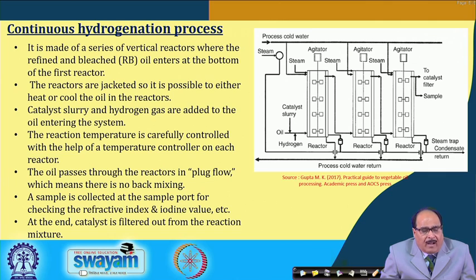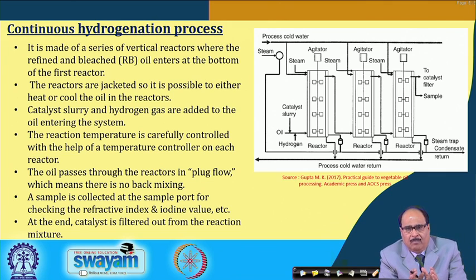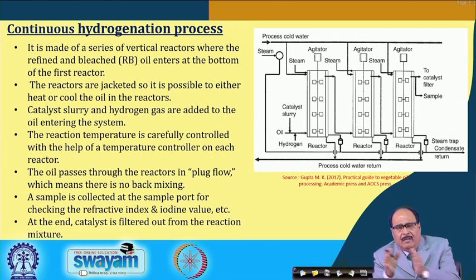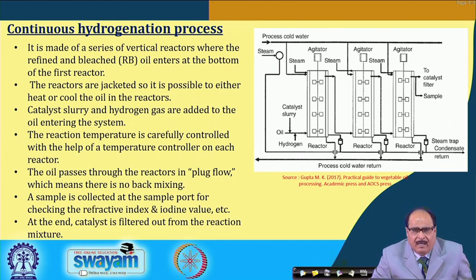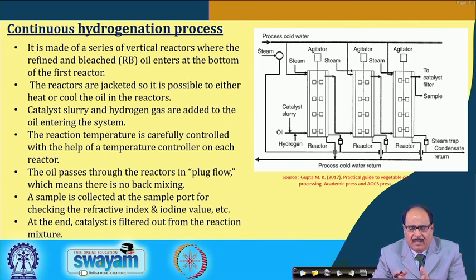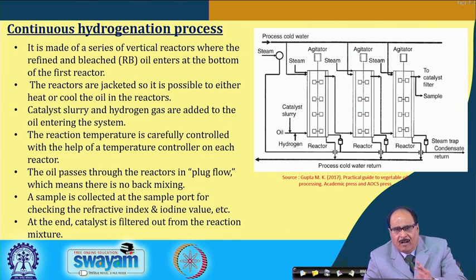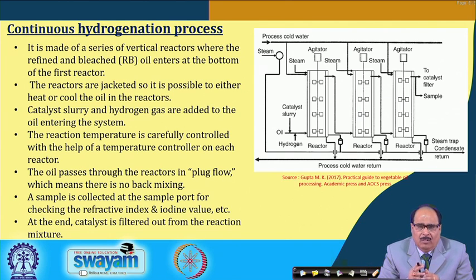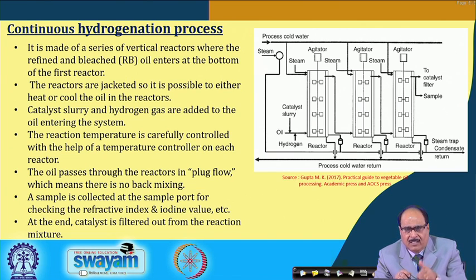In the continuous hydrogenation process, it can be considered as different batch equipment arranged in parallel together. Here in this system you can see 3 such reactor vessels arranged in parallel, and all these vessels are provided with suitable arrangements for the continuous feeding of the oil.